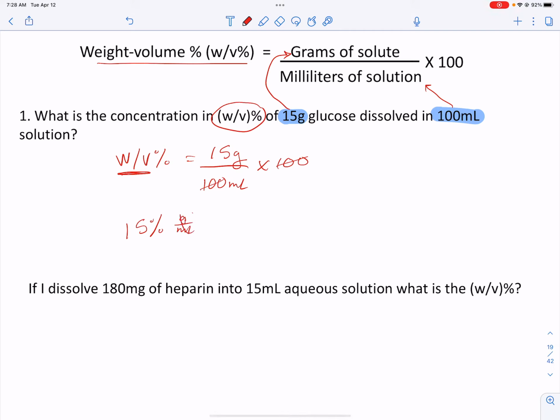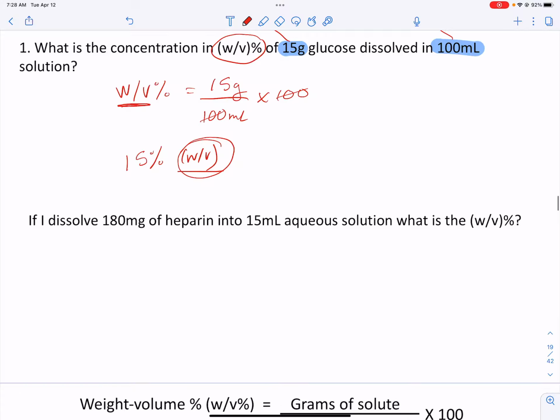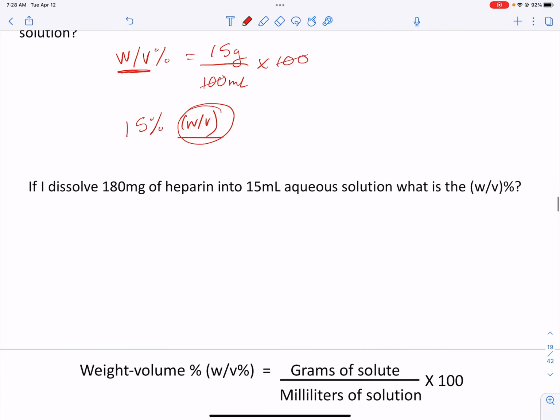So we might say that it is a weight per volume percent. Now, you don't have to write this out because I'll know when I write the question what information you're given. You only have to write percent, but the units do not just disappear. They're still conveyed with this understanding of what kind of percent we're saying it is, okay? But you just write percent. You don't write the g per ml.